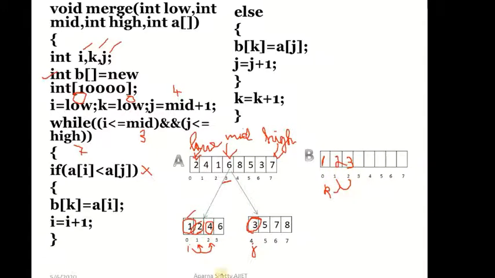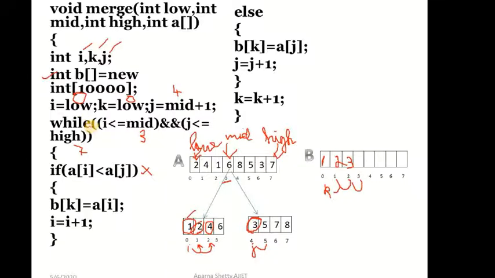Next, in this case I have to increment j, since whenever I put the jth element, the rightmost subarray element, I have to increment j. As well as after the else I have to increment k. Now k becomes 3.